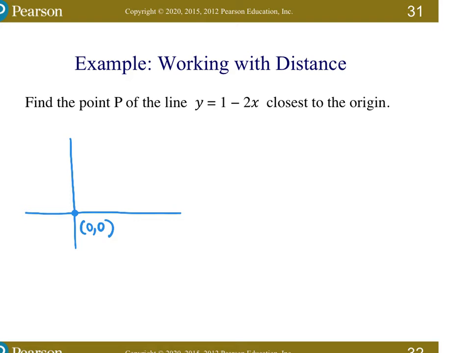The line 1 minus 2x is a line that starts up here and comes down. So what point on here, where would there be a point P? And point P is going to be x1, y1, where the distance between them is closest. So when you have a closest distance, that means minimum.